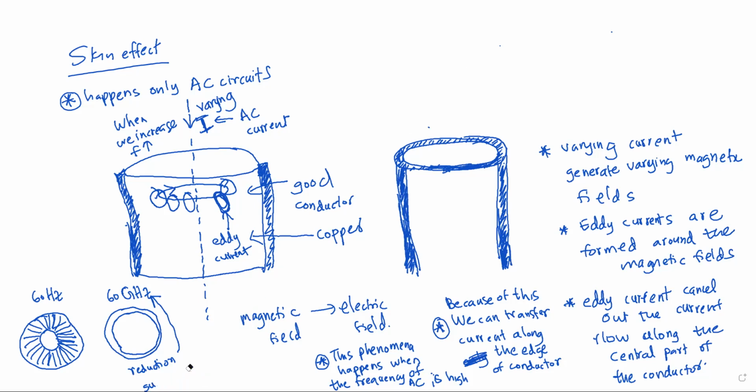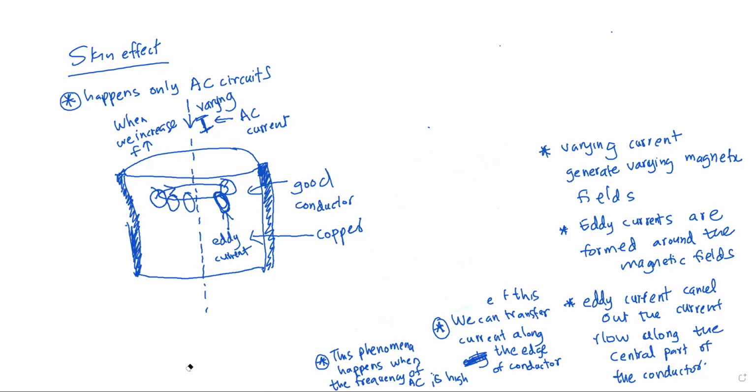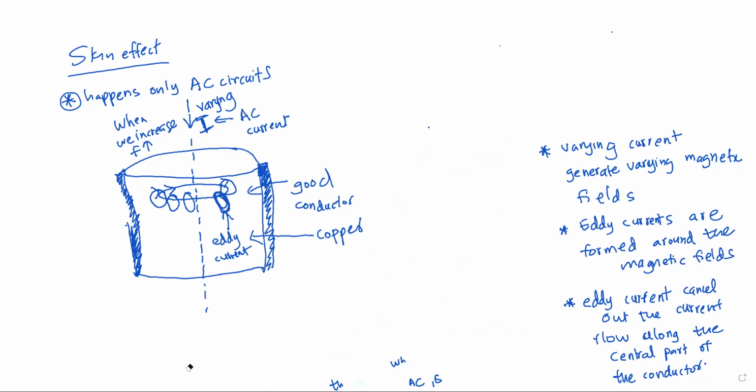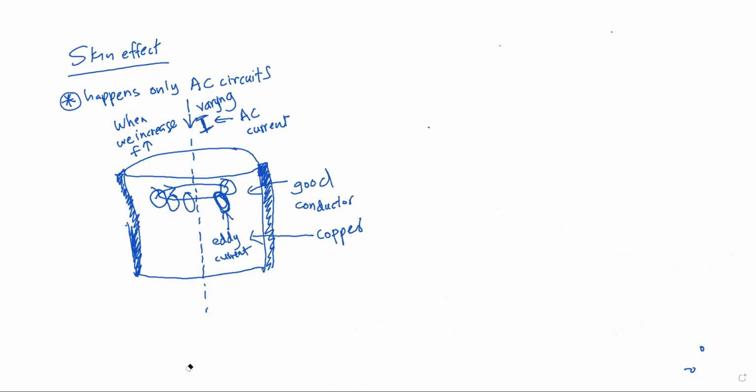So I will write it down. Skin depth is a parameter that is used to define the value of skin effect. It is defined as 2 rho over omega mu.